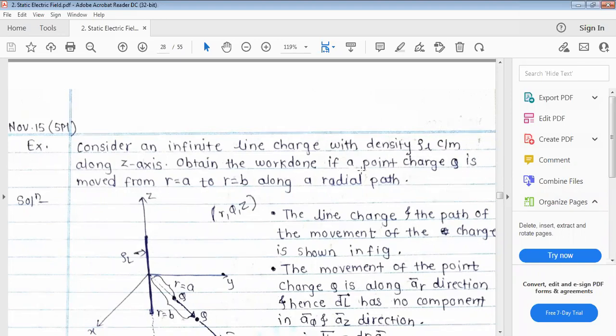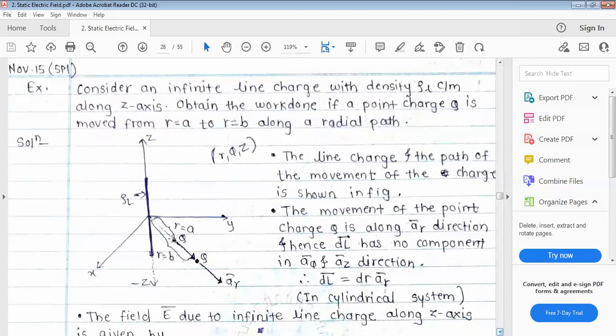Obtain the work done if a point charge q is moved from A to B along a radial path. We are considering a radial path. You can take any direction. Here the path is taken such that we are moving this charge from r equal to a to r equal to b.